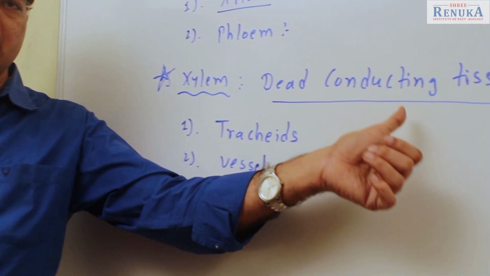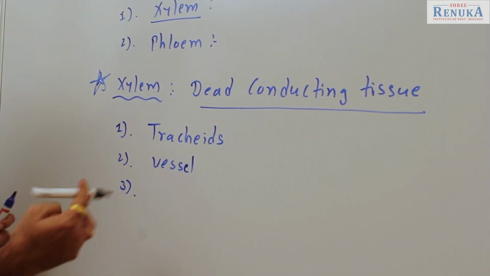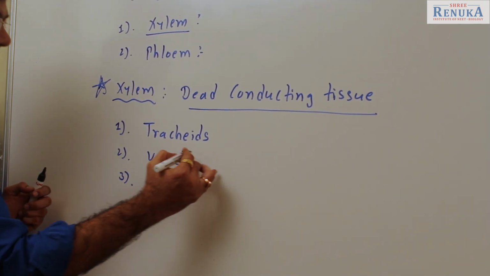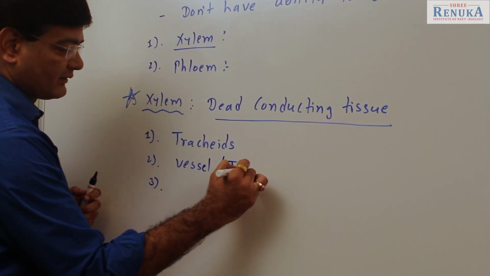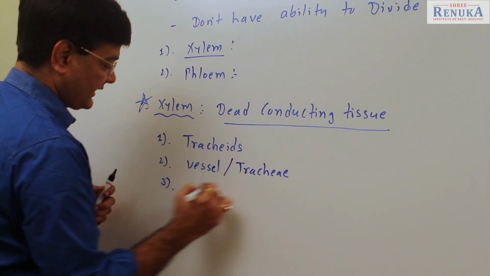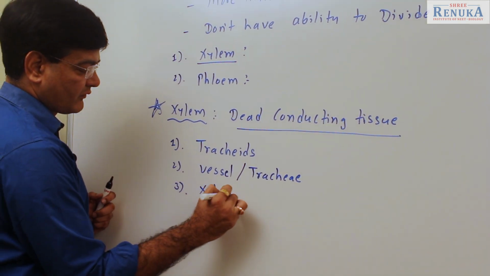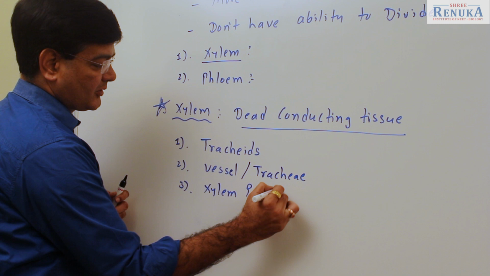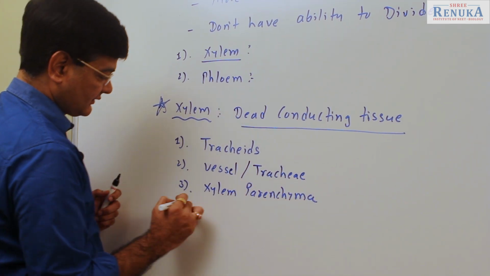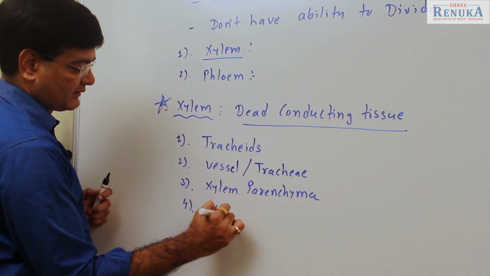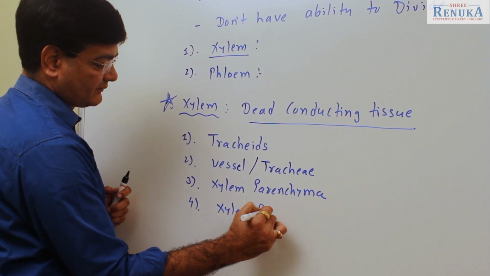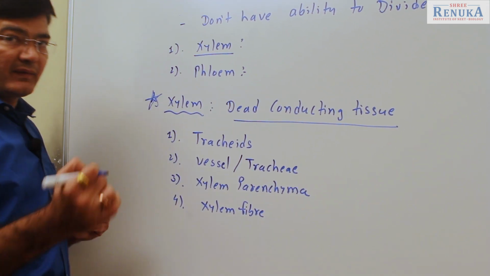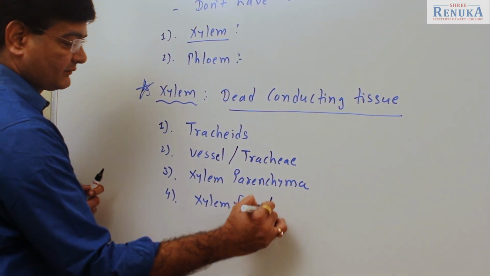Xylem is a dead conductive tissue in which tracheids, vessels or tracheae, xylem parenchyma and xylem fiber or wood fiber are present.